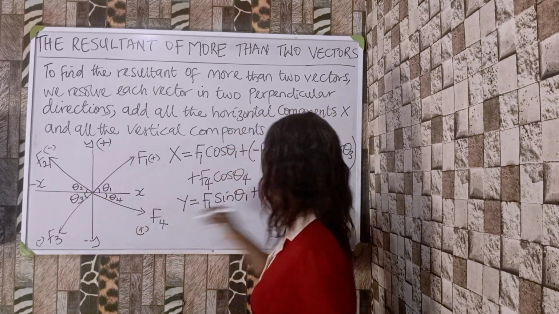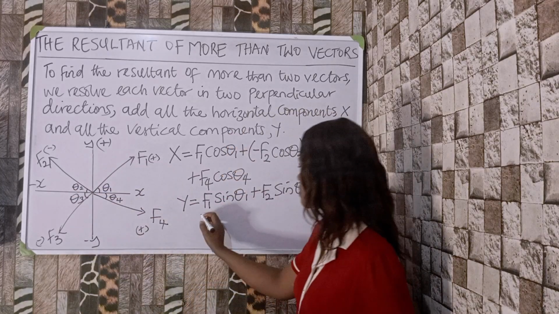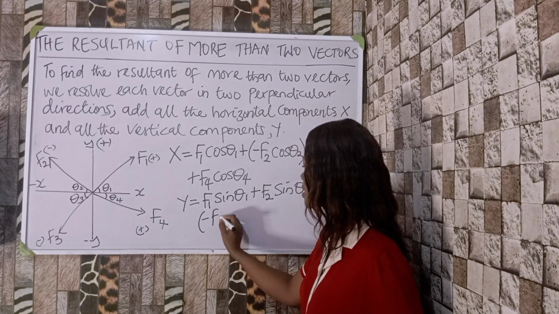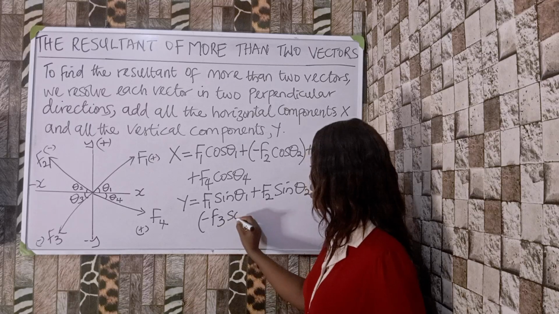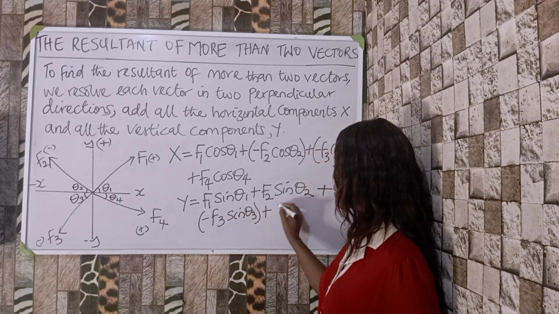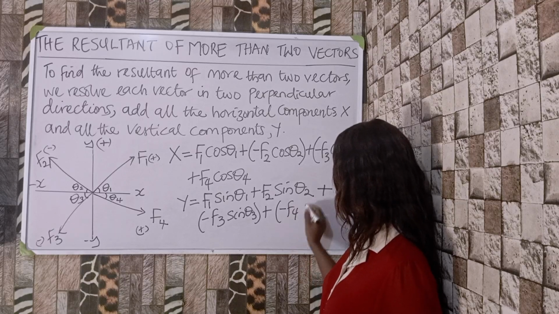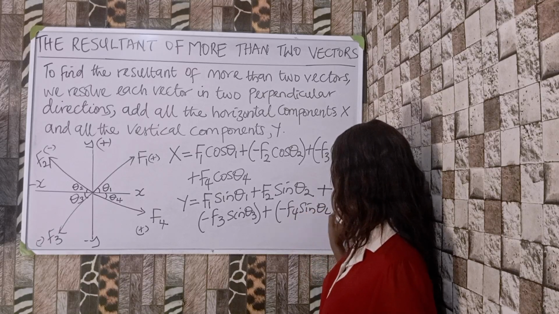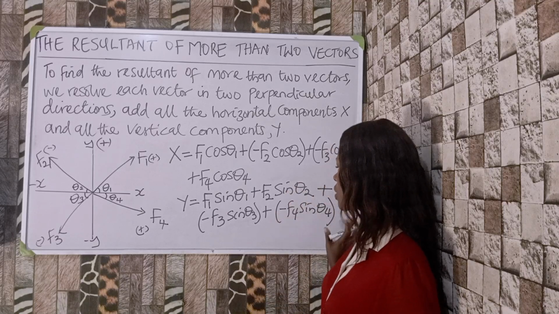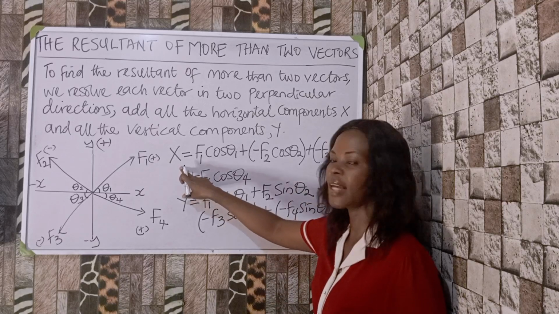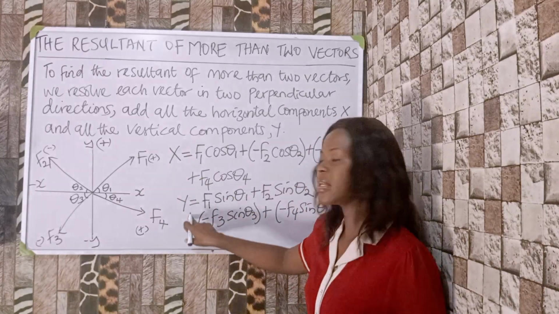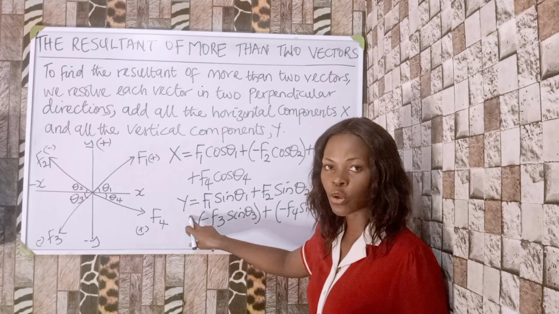These two are in the positive side. Then these are negative, so I will say plus bracket minus f3 sine theta 3 plus bracket minus f4 sine theta 4. When we are able to solve these, we add them together to get the total x, that is the horizontal component. Then also add the vertical ones together to get the total y, that is the vertical component.